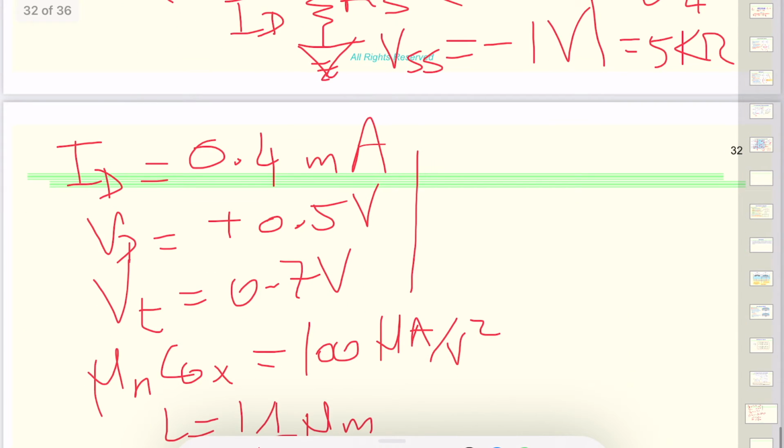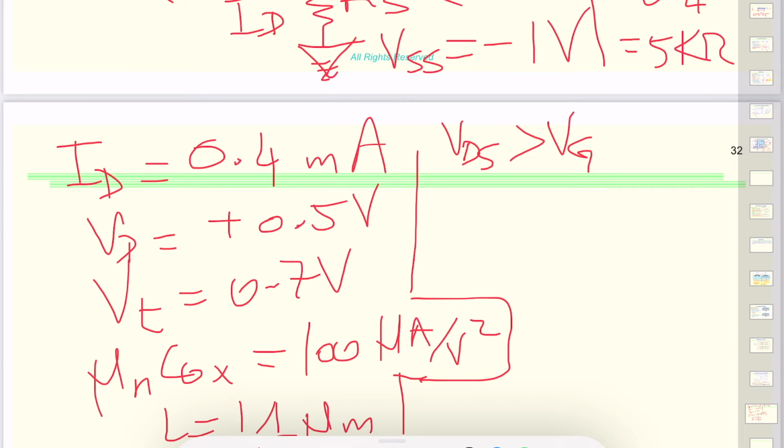Now, what is the operation of the transistor? We don't know. We are not given that. But we can suppose and plug in the values and see what we get. So let's suppose, in this case we compare VDS, it has to be greater than VG. Here the gate voltage would be taken as 0.